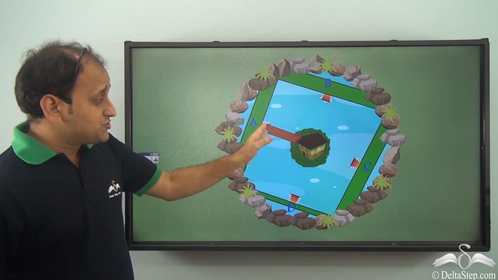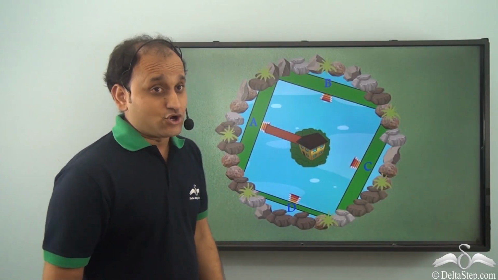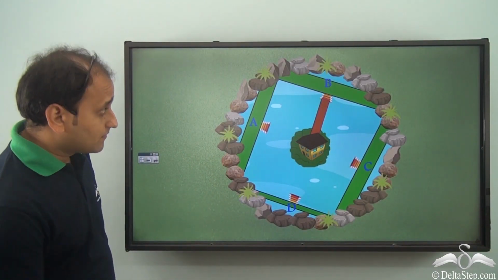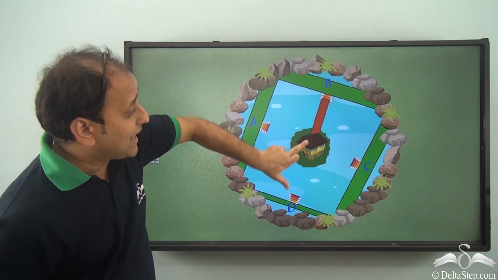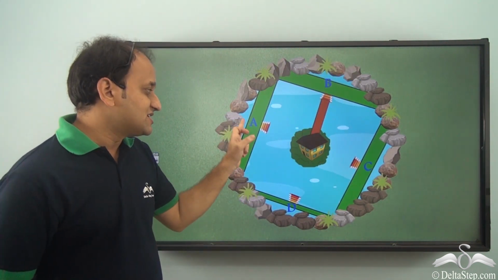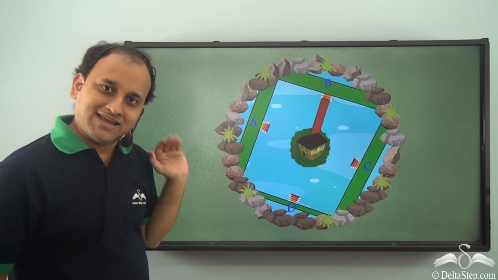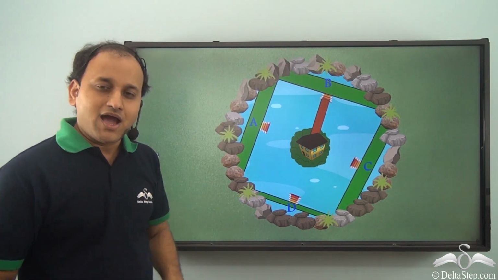Now, he tried to use the same plank on garden B, and he saw that even in this case, the plank was enough to reach garden B. So, the distance between island and garden A and distance between island and garden B are same.